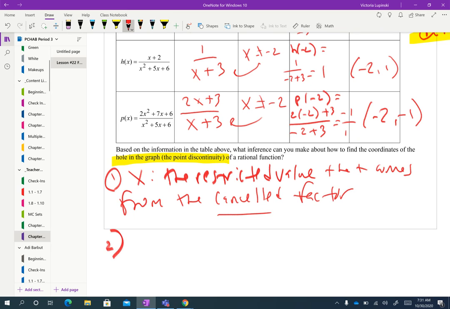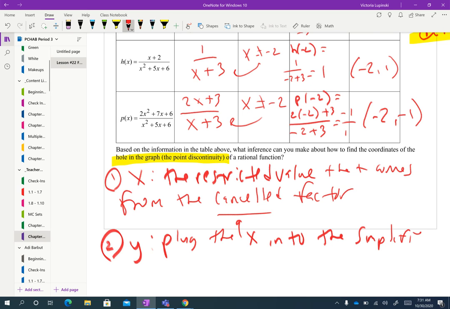And then once you identify what that restricted value is, how do you find the y coordinate? You're going to plug the x, and that's the x from the previous step, into the simplified function.